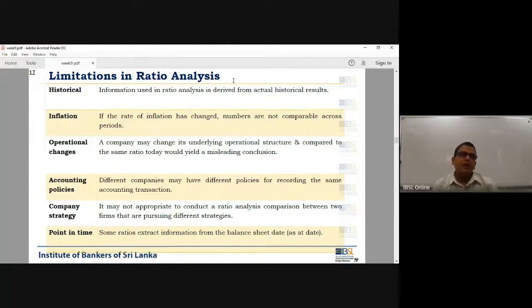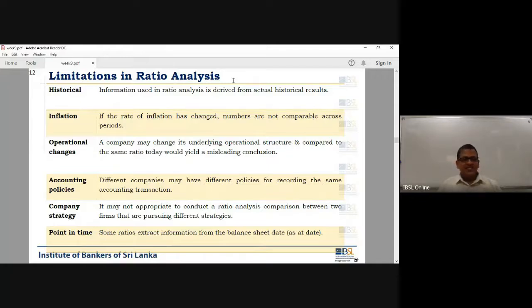For example, especially with absolute values like profit, we may say that in the 1990s the profit was 100 million, but now profit is 120 million. Can we say that now we have improved? No, because the value of 100 million in 1990 is different from 2020, since due to inflation the value of money has fallen. So if the rate of inflation has changed, we can't compare across periods.